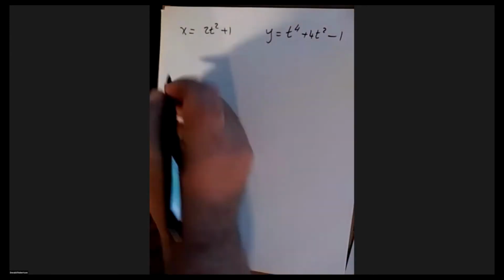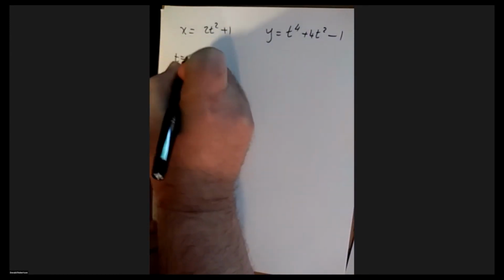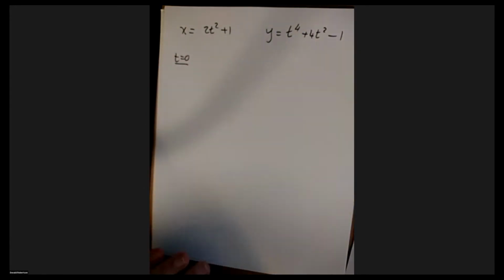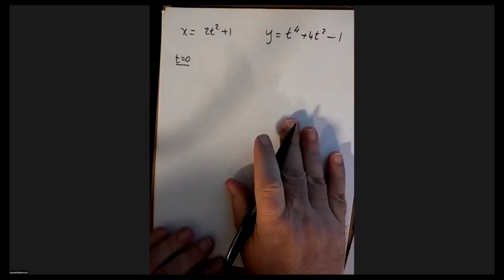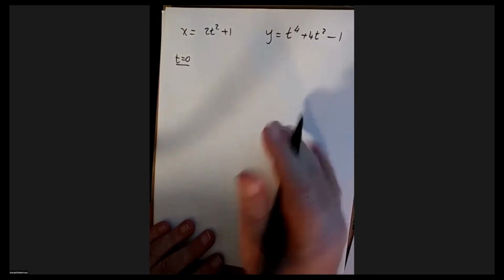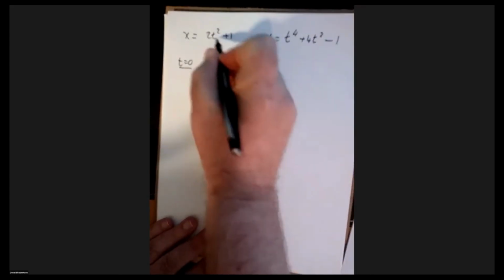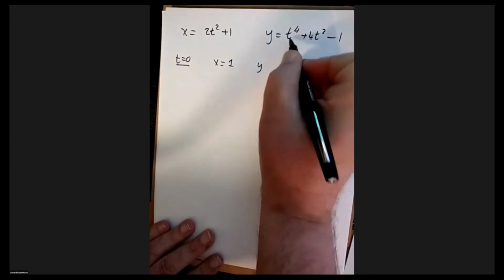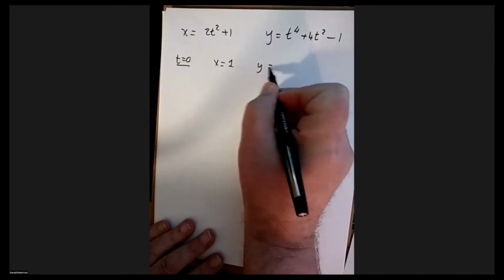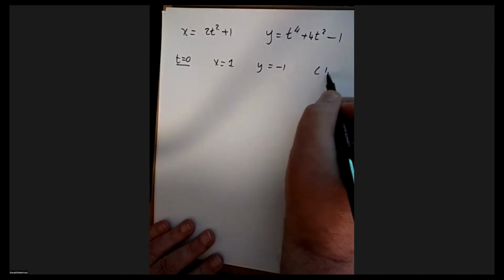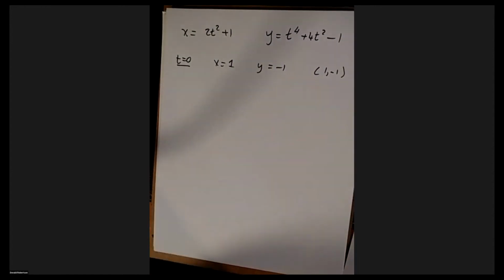I'll do one example of the thing. Let's find out where it is when t equals 0. Suppose the question was, where would it be at the beginning? Then won't the x be 2 lots of nothing, add 1, and the y nothing, nothing, take away 1. At t equals 0, it would be at position 1, comma, negative 1.